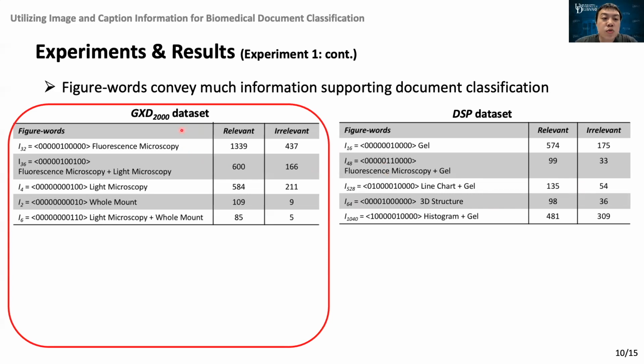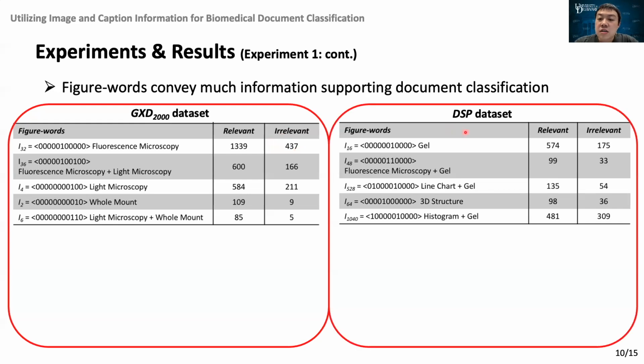Over the GXD2000 dataset, we can see there is a large difference between the figure word distribution in the relevant dataset and that in the irrelevant one. For example, there are 1339 figure words consisting of fluorescence microscopies in relevant data, while only 437 such figure words in the irrelevant data.